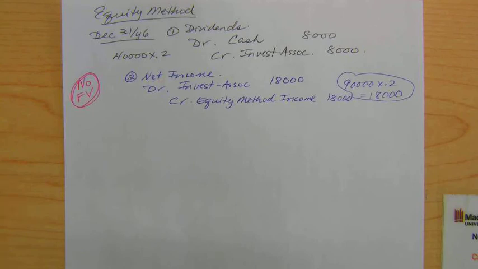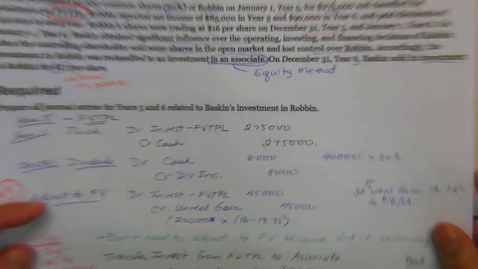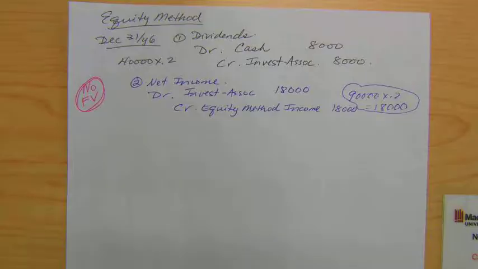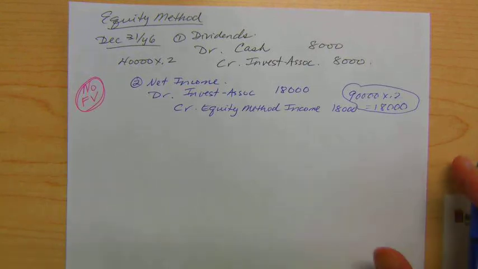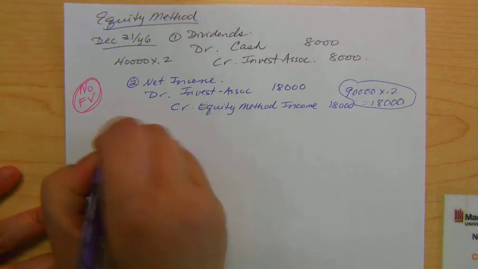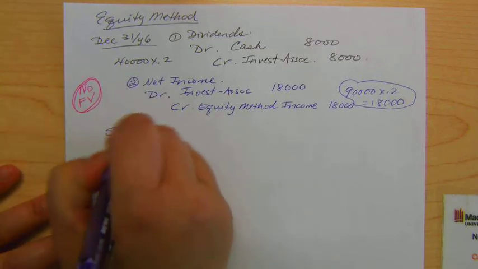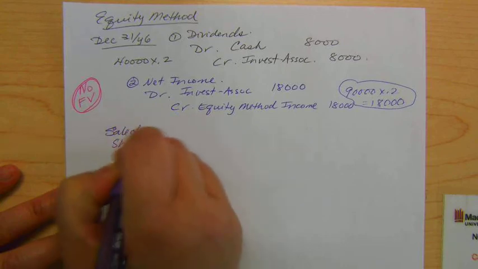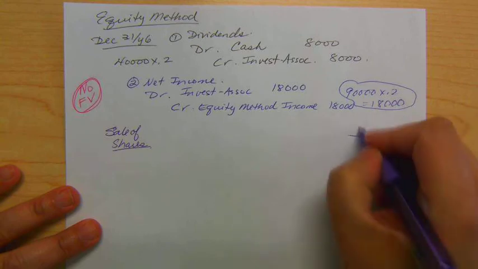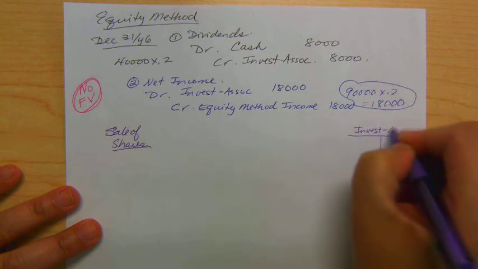So what's the very last thing that happened at the end of year 6? Baskin sold the investment for 17. So first we need to know what the balance in the investment account is. So third thing that happened, sale of shares. So we'll draw a little T account, investment in associate.